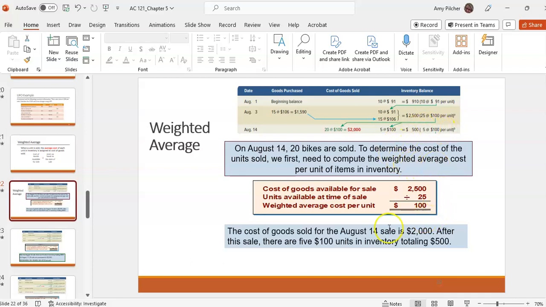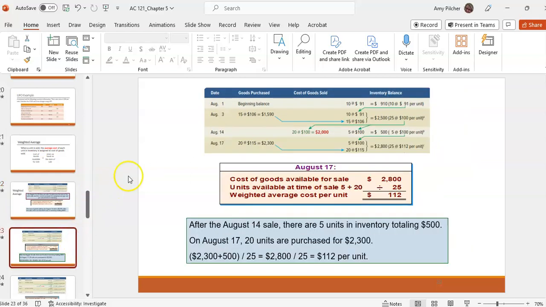Okay. So then we see what happens when we sell them. Then those 20 bikes, we use that $100 as the cost of goods sold. Okay. And then when we purchase more bikes, so we purchased the 20 additional bikes on August 17th for 115, then we add them to the 5 bikes that we had at 100. We have total inventory of 2,800.